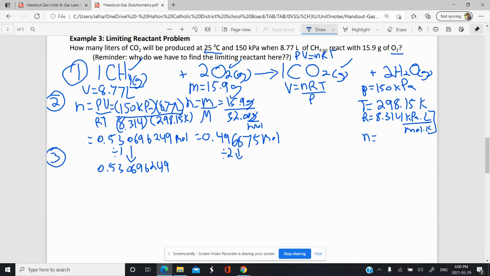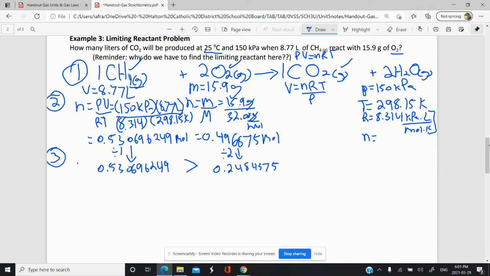So 0.496875 divided by 2, and I get 0.24844375. So it looks like CH4 is larger than the O2 once through its division.